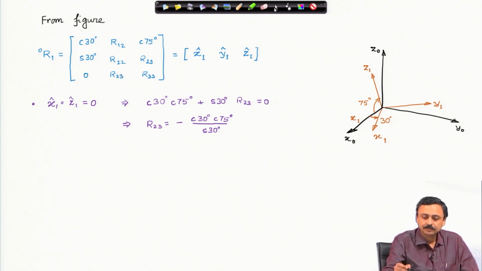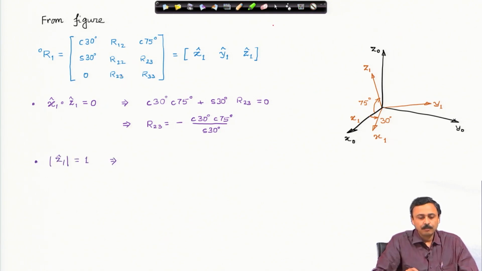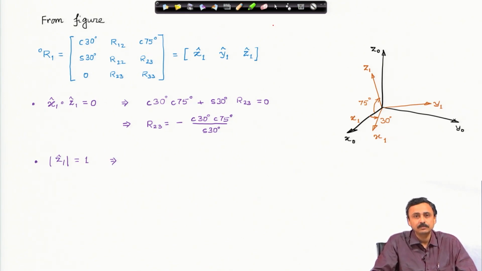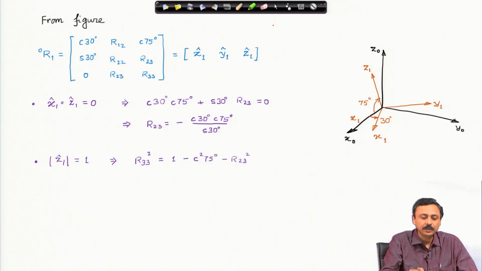Next, magnitude of z1 cap, the last column of this matrix, must be 1. Magnitude 1 means its dot product with itself is 1, so magnitude square is also 1. If that be so, then cos 75 square plus R23 square plus R33 square must be equal to 1, and from there I get a condition on R33 square.